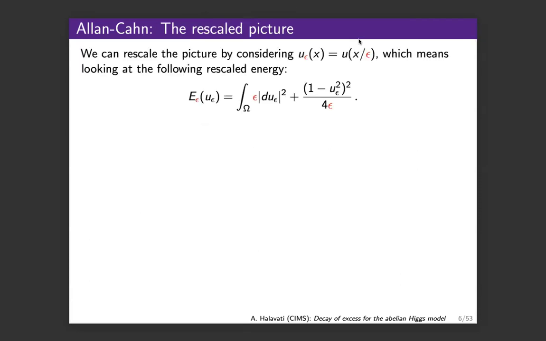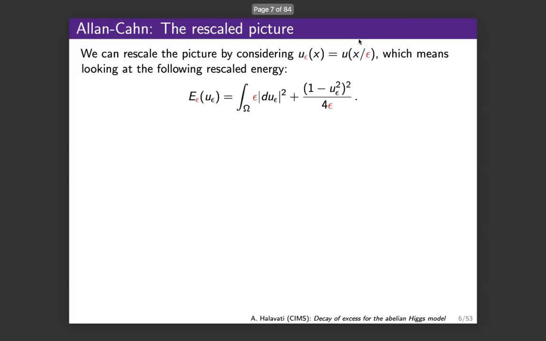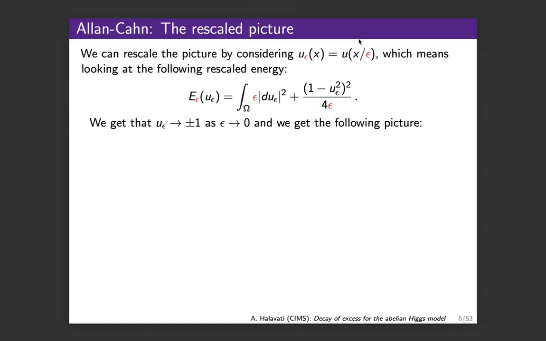Instead of the domain being very large, you can rescale this down, rescale u down with it, and also the energy. You're basically looking at the minimizers of the following rescaled energy, where epsilon is a very small parameter. Thinking about the exponential decay from the previous slide, if you rescale everything down, you can see that u converges to +1 and -1 as epsilon goes to 0.